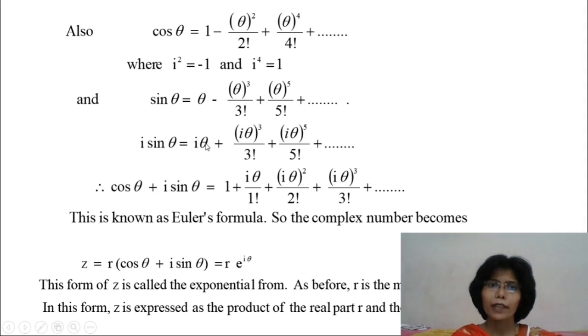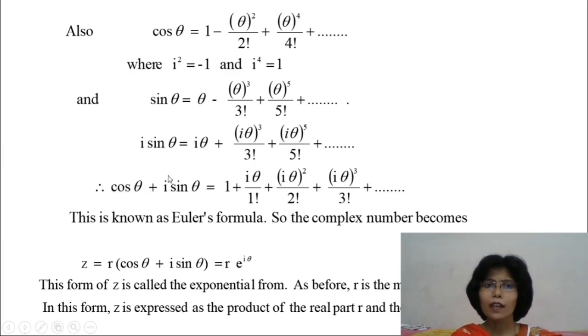So it will become i theta - i theta^3/3! + i theta^5/5! and so on. So addition of these two will become cos theta + i sin theta = 1 + i theta/1! + (i theta)^2/2! + (i theta)^3/3!.